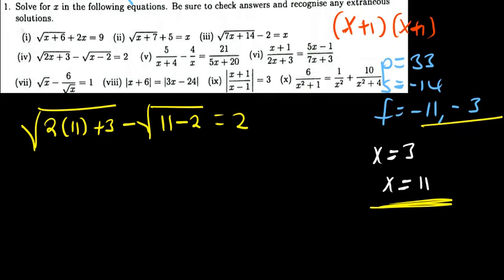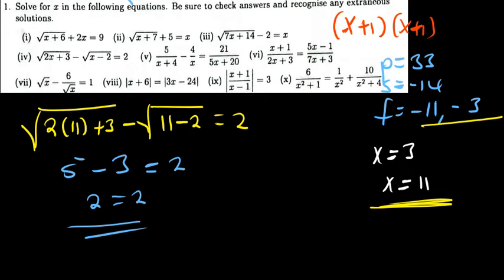That is going to be 22. 22 plus 3 should be 25. The square root of 25 is 5, minus that is going to be 9. The square root of 9 is 3, is equal to 2. 5 minus 3 is 2. So both 11 and 3 are the solutions for this equation. As simple as that. Okay.